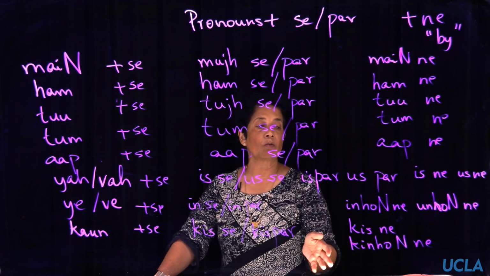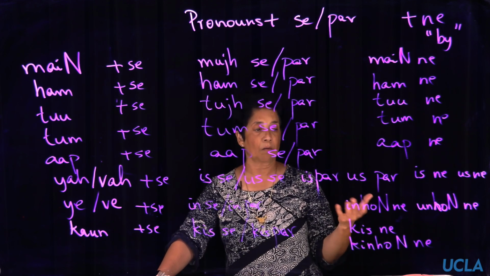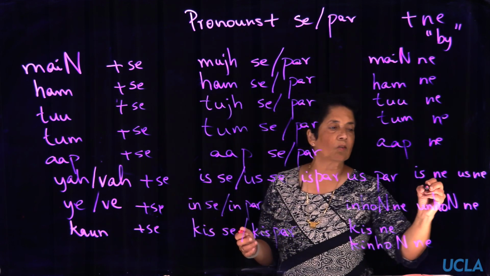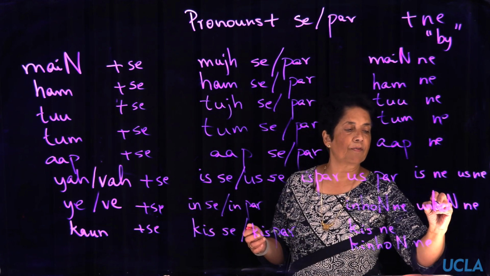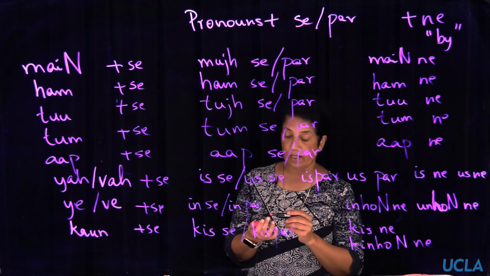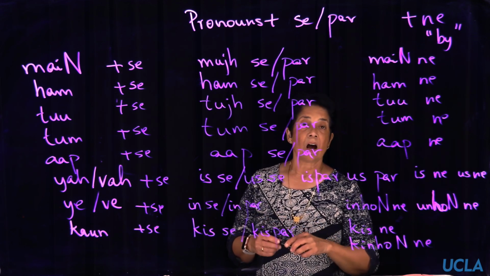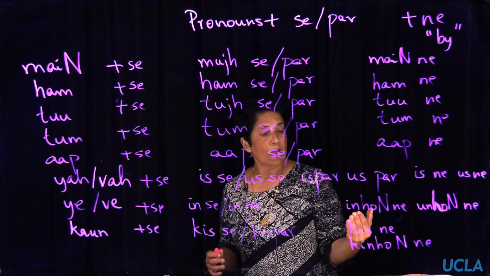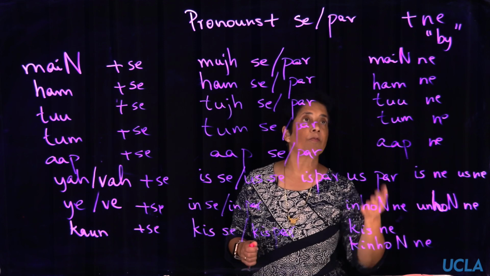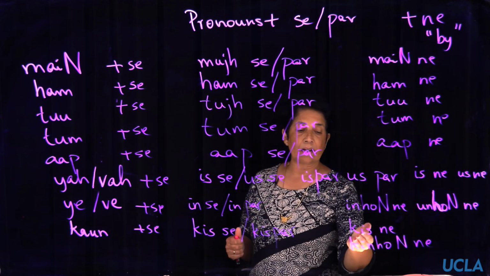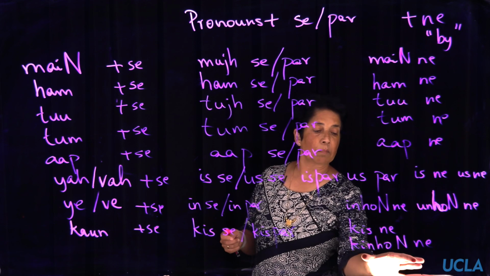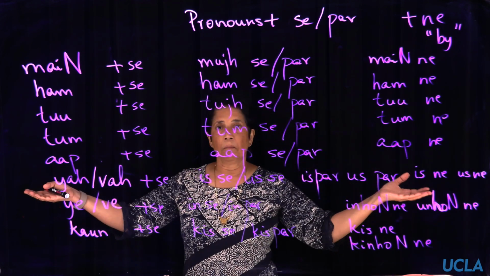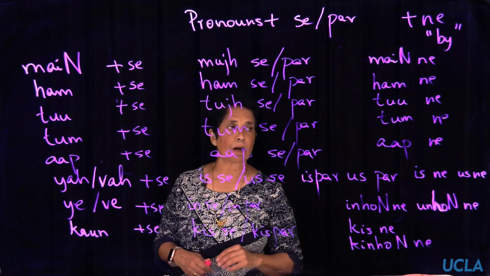The only things you need to remember are words like inhone and unhone. Especially in Hindi script, you have to be careful about how you spell it because it takes a half nasal attached to the h. Okay? And the question words followed by ne, again, kisne is kind of more predictable, but kinhone is less predictable. And that's just about it.